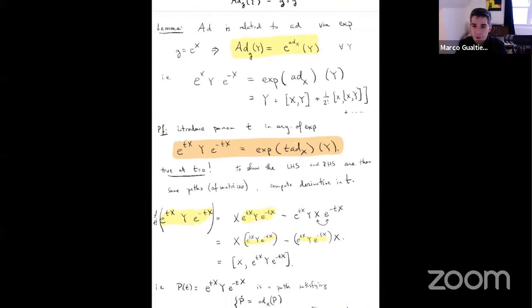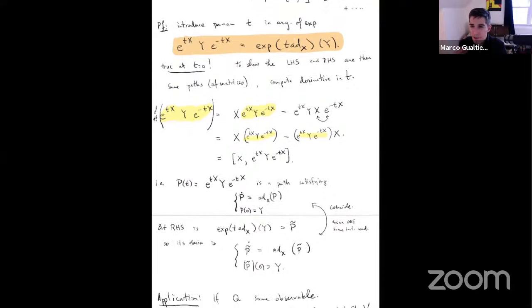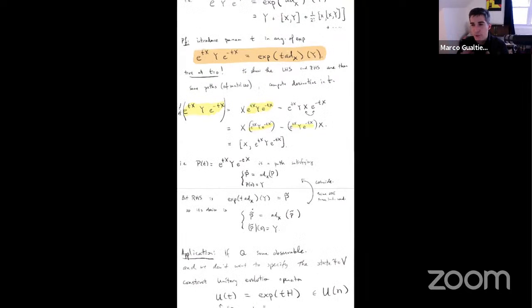You have to get used to these things. It may look like a huge stream of information, but really there's only a small number of facts that you need to get straight in your head about the relationship between the Lie algebra and the Lie group. Any questions about this? This is the meaning of what it means for an observable to be conserved: it commutes with the Hamiltonian.